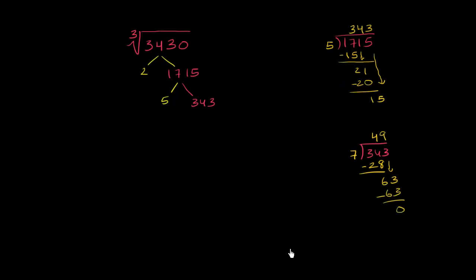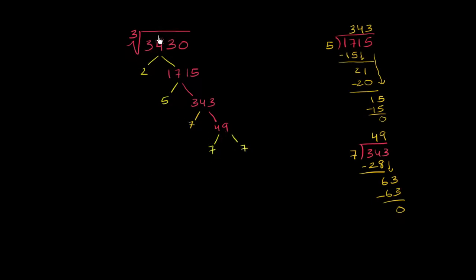Subtract, we don't have any remainder. And I forgot to do that last step up here. 3 times 5 is 15. Subtract, no remainder. It went in exactly. So here, 343 can be factored into 7 and 49, and 49 might jump out at you. It can be factored into 7 times 7.